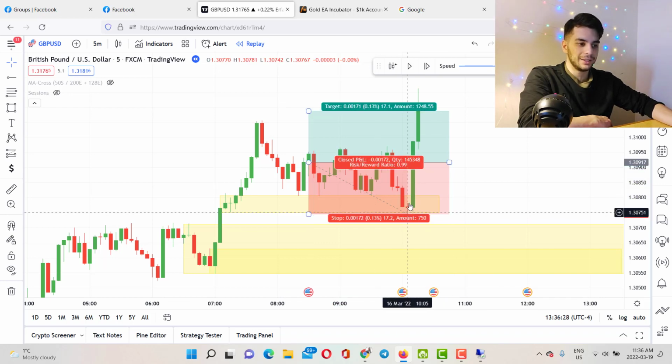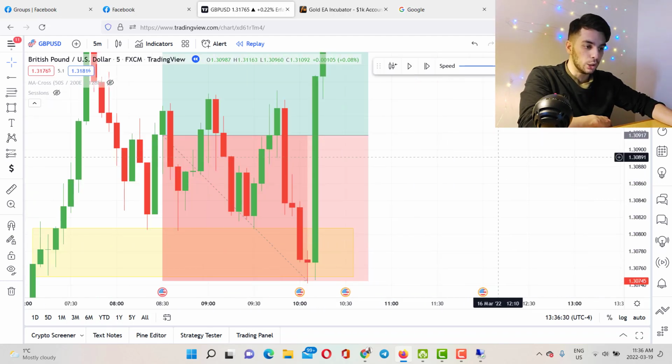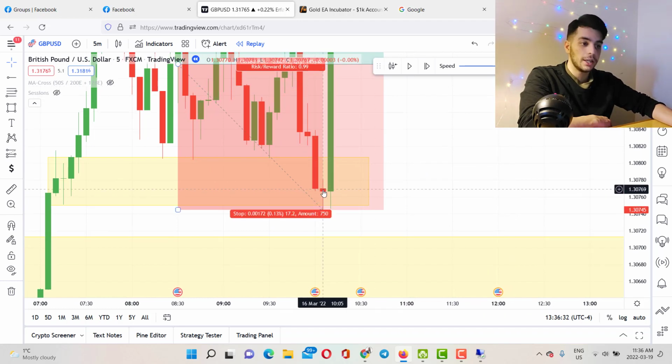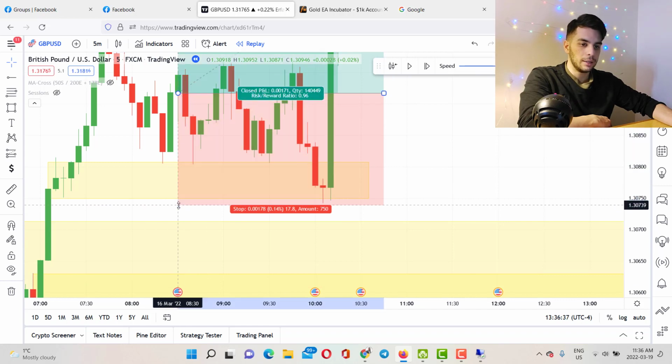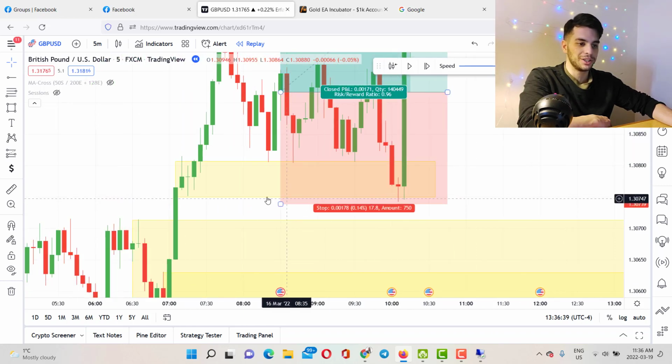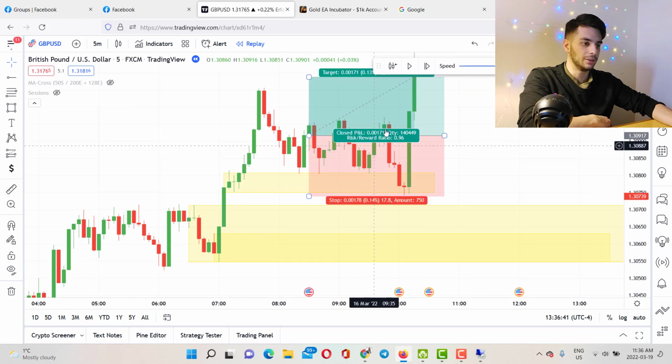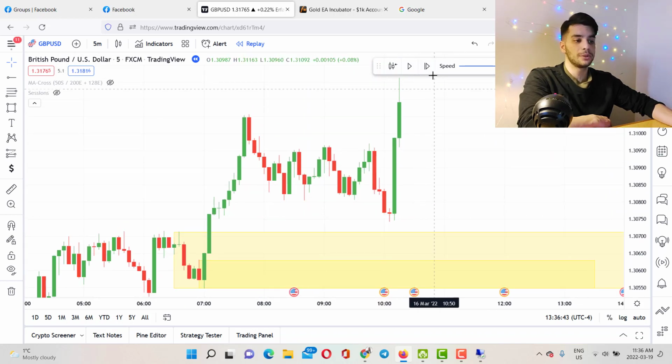But again, it literally broke below it, but it didn't close, it was a shadow, and then boom, shot up. You should put it somewhere around here to be way safer, but it literally shot up crazy. So this was our golden zone.